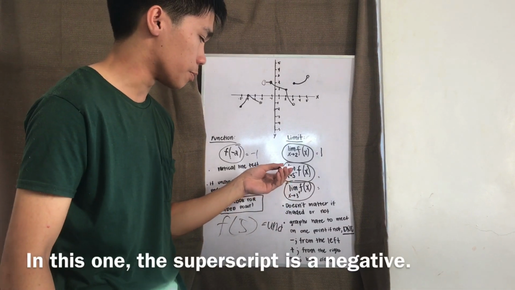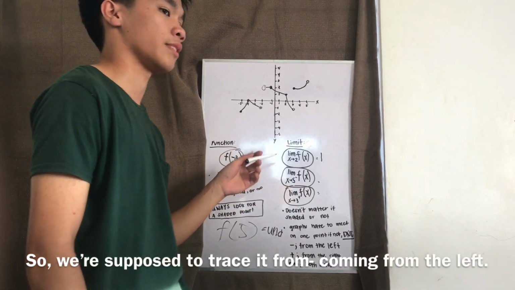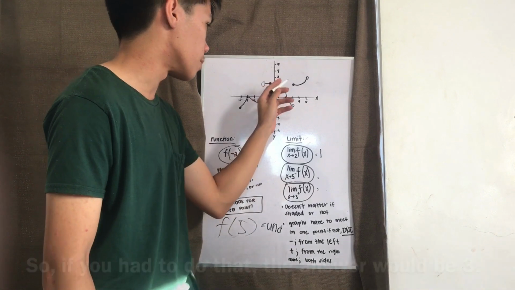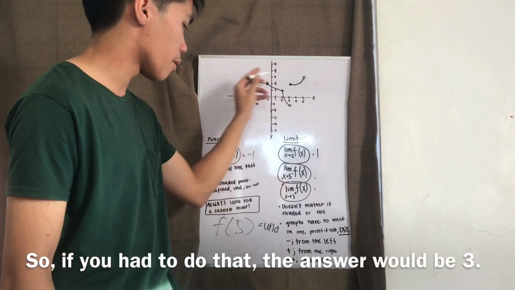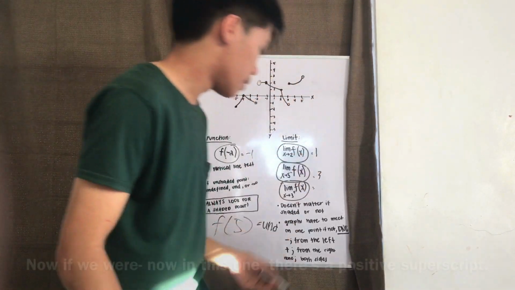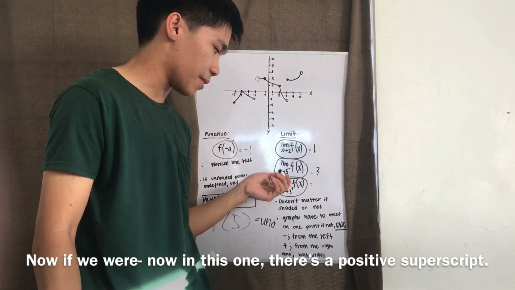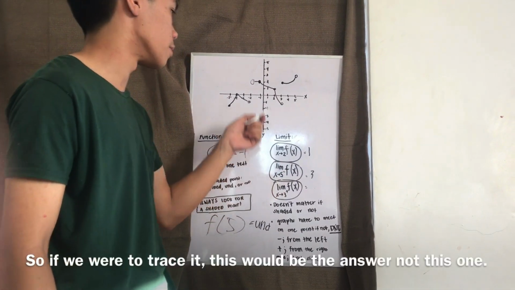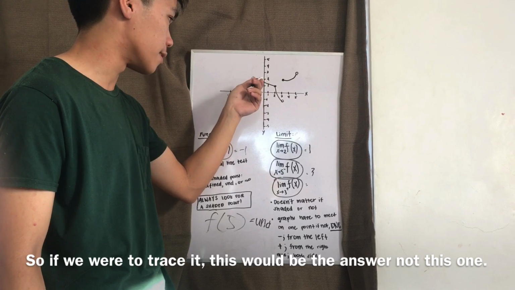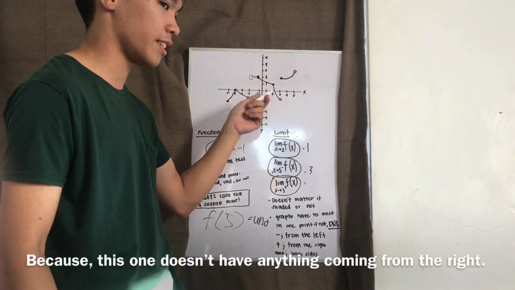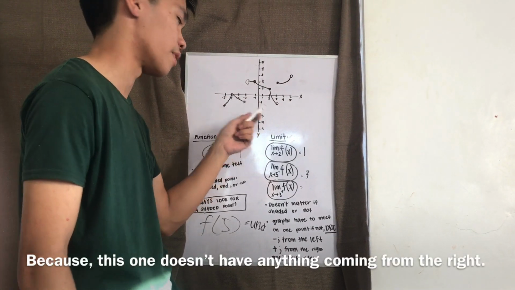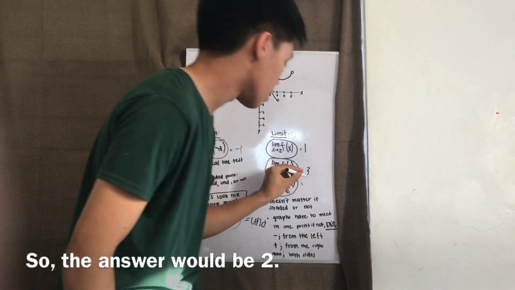In this one, the superscript is a negative, so we're supposed to trace it coming from the left. So if we were to do that, the answer would be 3. Now in this one, there's a positive superscript, so if we were to trace it, this would be the answer, not this one, because this one doesn't have anything coming from the right. So the answer would be 2.